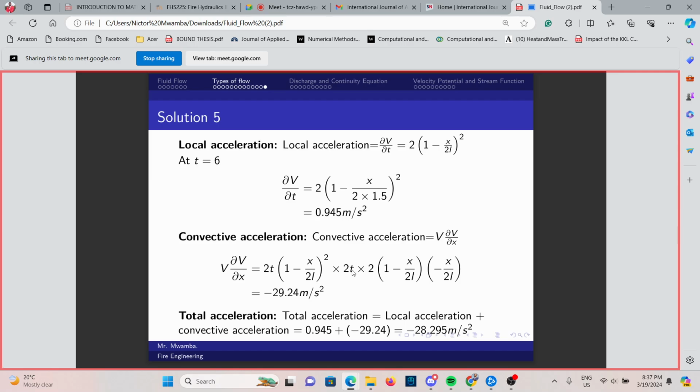When you find the derivative, you get 2t times 2(1 - x/2L) times (-x/2L).